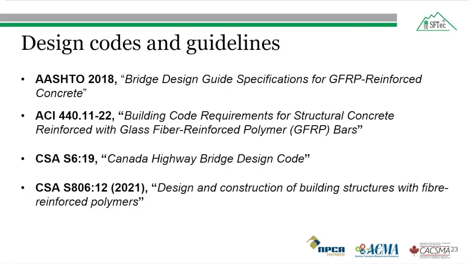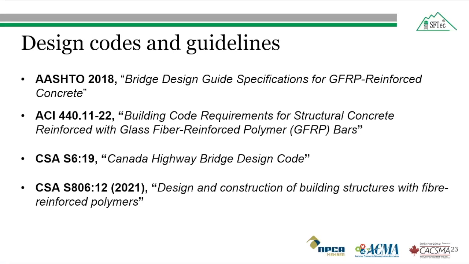We can use the GFRP reinforcement, like glass fiber reinforced polymer bars, in both columns and beams. And here are the following codes. We can use these codes to design those elements, beams and columns. ACI 440 is the latest code, which was published last year, in 2022.